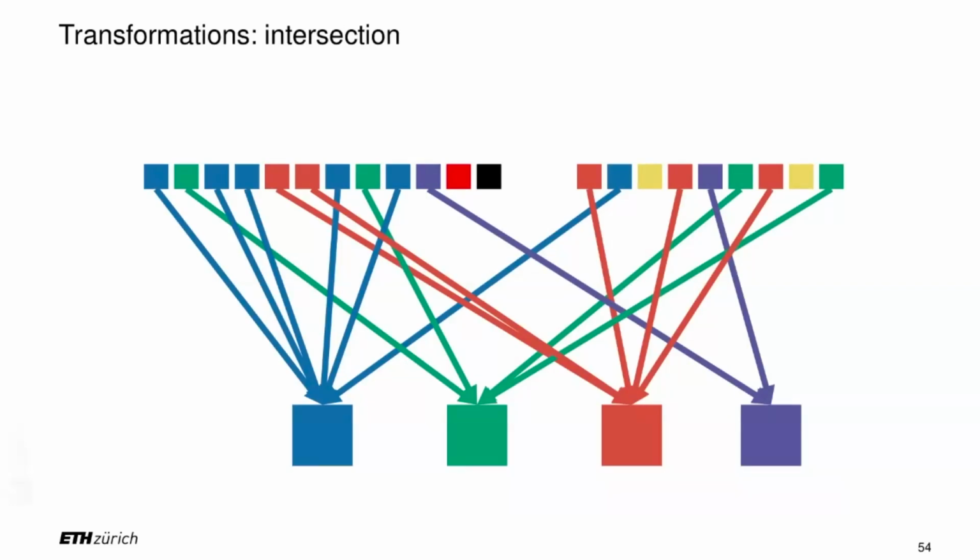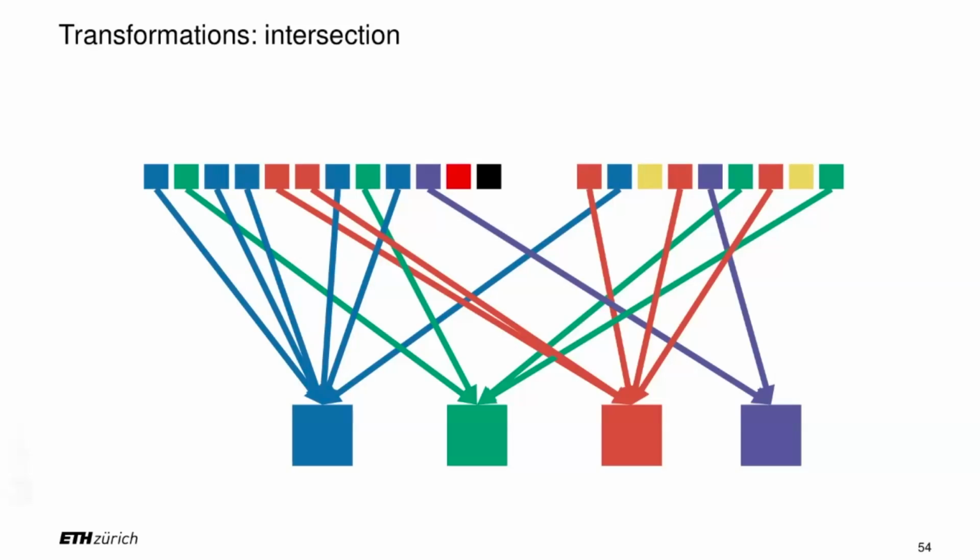What else can you do? An intersection. So the intersection of 2 RDDs is going to return exactly those values that appear on both sides, both on the left and on the right, with duplicate elimination. So it also does the distinct thing, right? But it only puts those that are on both sides. So you see the yellow value is only on the right, so it gets excluded from the outputs.